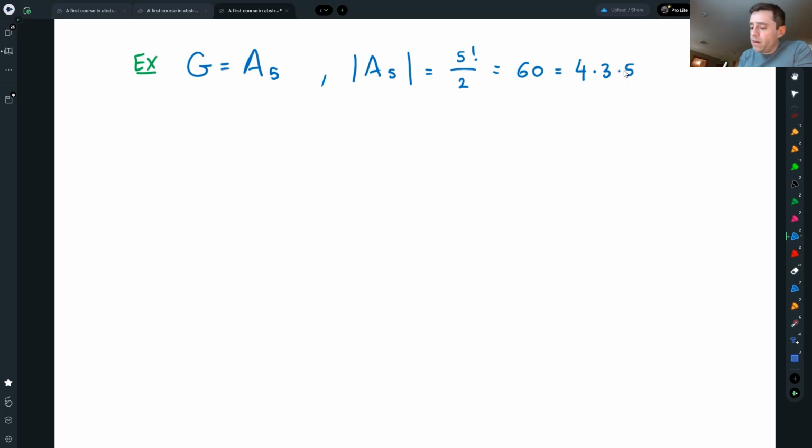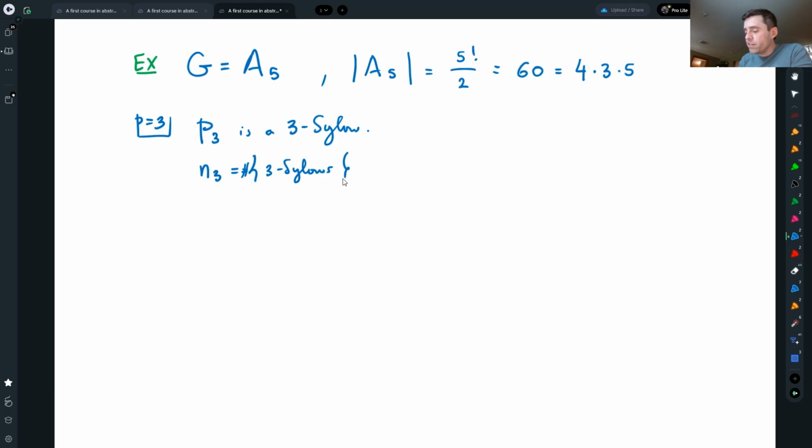So let's start with p equals 3, which is easier, and figure out the 3-Sylow subgroups. Suppose P3 is a 3-Sylow; they exist by part 1 of the theorem. By part 3, n_3, the number of 3-Sylows, is congruent to 1 modulo 3, and n_3 divides 60.